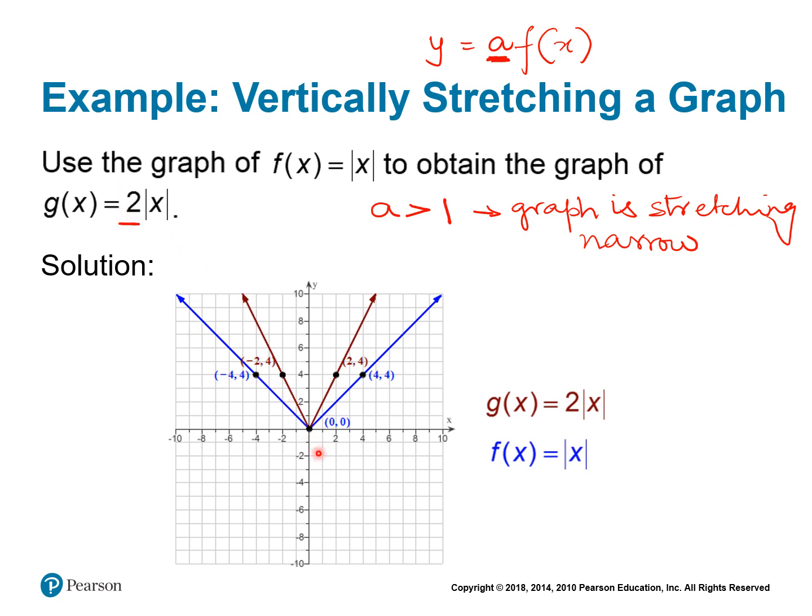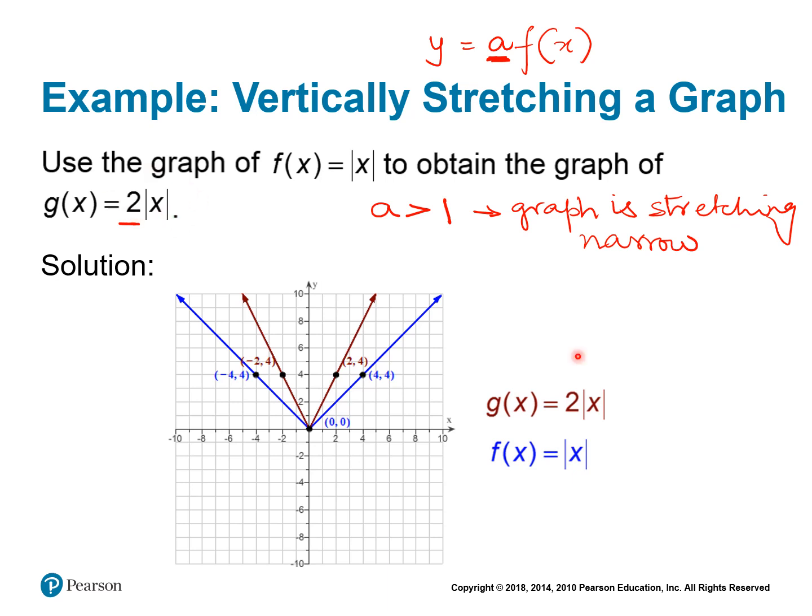In other words, when x is 2, y is 2 times 2, 4. So you see this point here, this is x equals 2. In the transformed graph, the y value is at 4, because we multiplied the original absolute value function by 2.